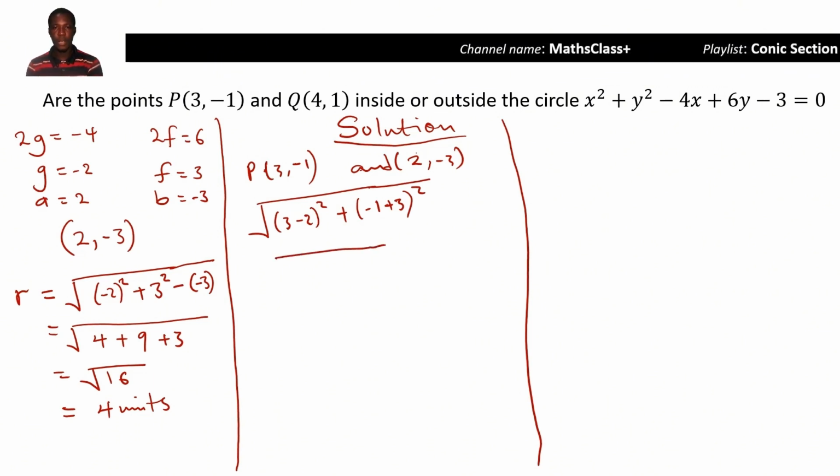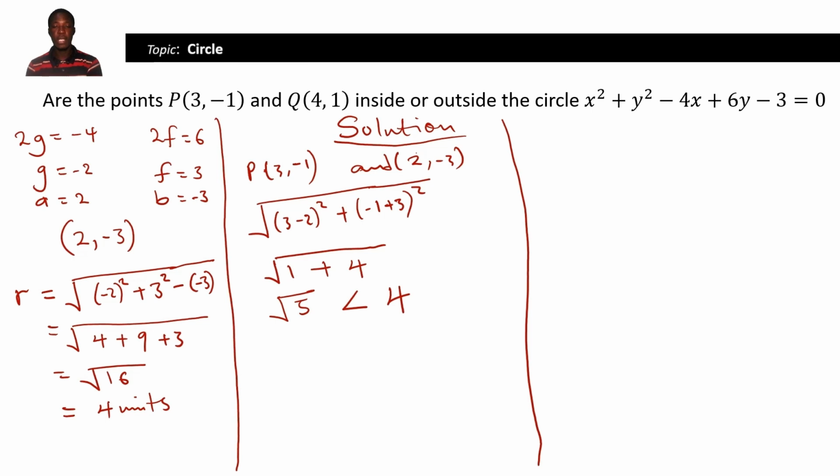When we compare, we get 1 squared, which is 1, plus 2 squared, which is 4. That will give us root of 5. Root 5 is less than 4, so root 5 units is less than root 4 units. That means the distance between the point P and the center is less than the radius of the circle. Therefore, the point P, which is (3, -1), is inside the circle.